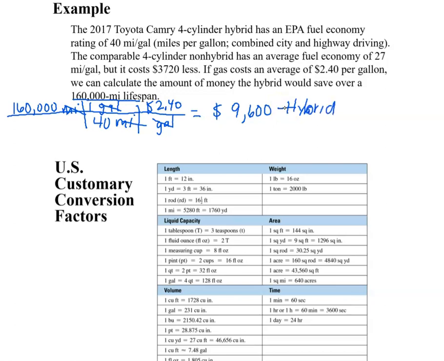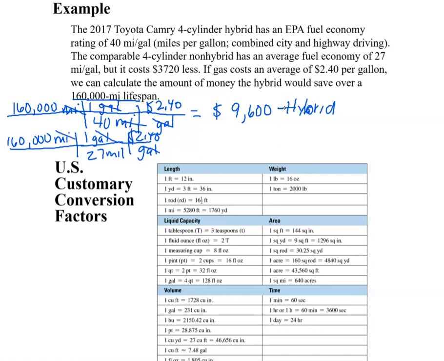Okay, for the non-hybrid, we're still getting 160,000 miles for the lifespan, but we're only getting 27 miles per gallon. So 1 gallon is going to get us 27 miles. And it still costs us $2.40 for a gallon of gas.